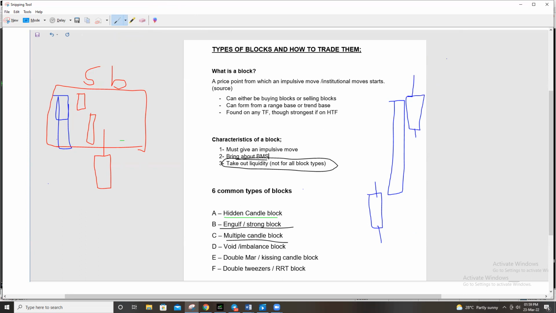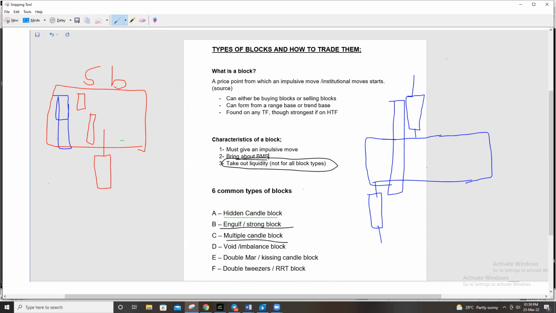Now the market between this wick here and this one, there's some void, there's some void in here, or what we call imbalance or inefficiency.